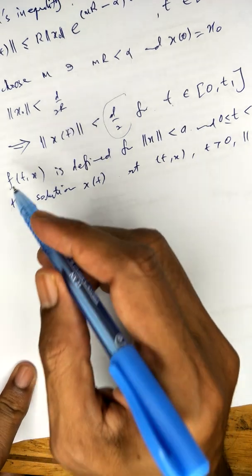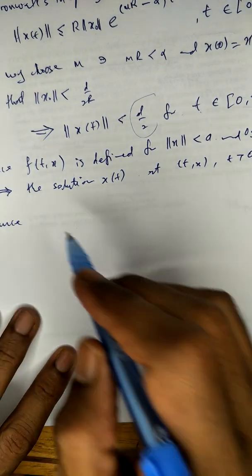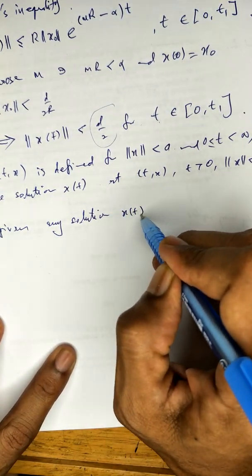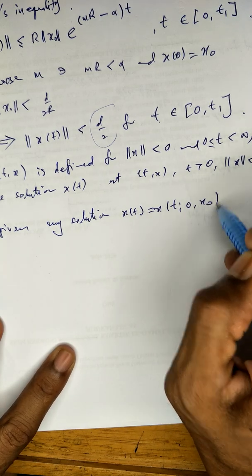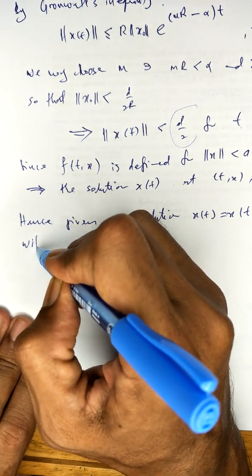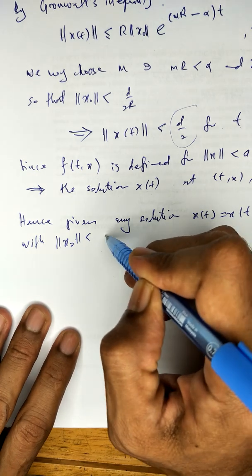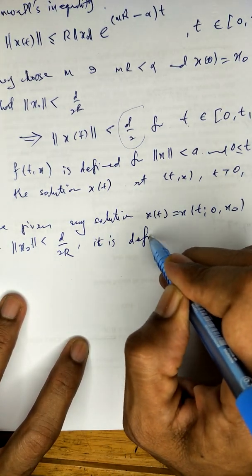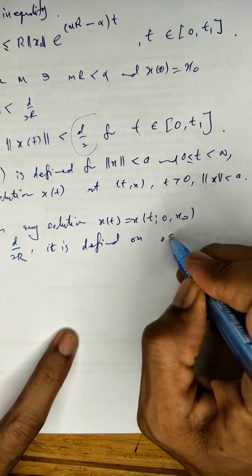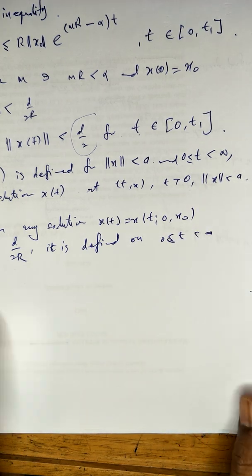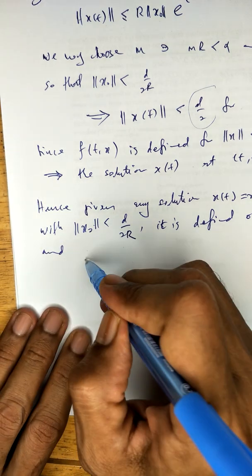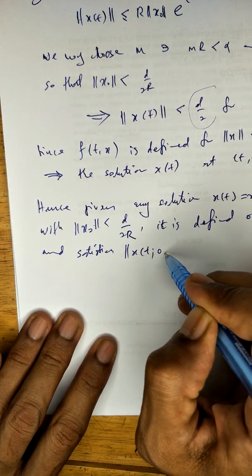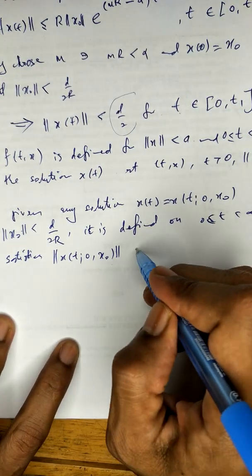Hence, given any solution x(t) with x(t0) equal to x naught, with norm of x naught less than d over 2r, then it is defined on 0 to infinity and satisfies the norm of x(t) less than d over 2.